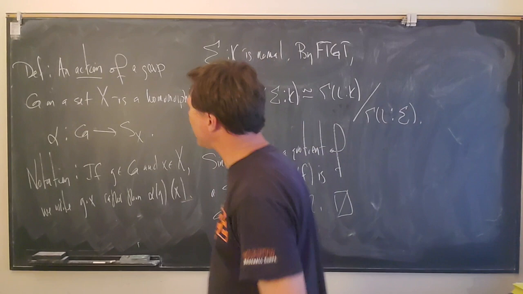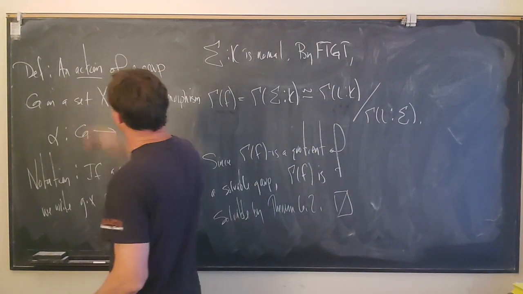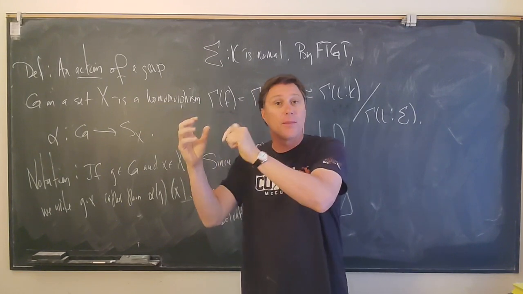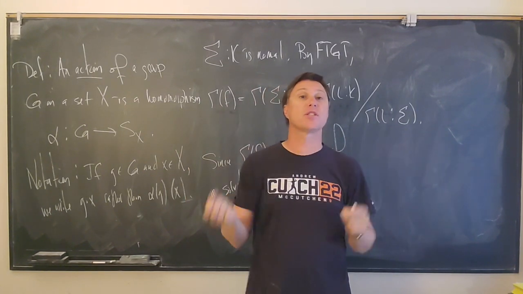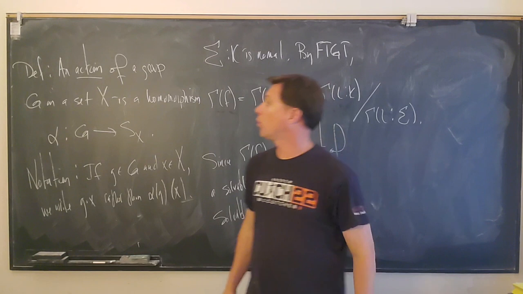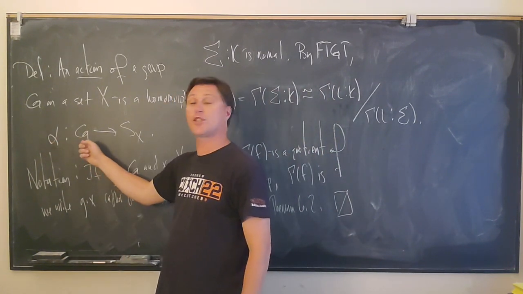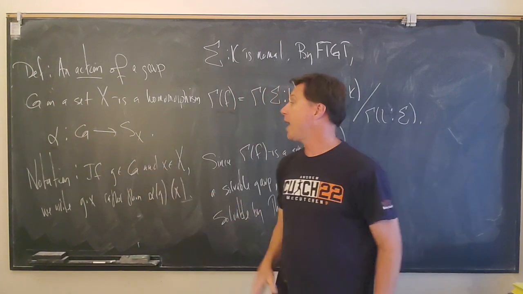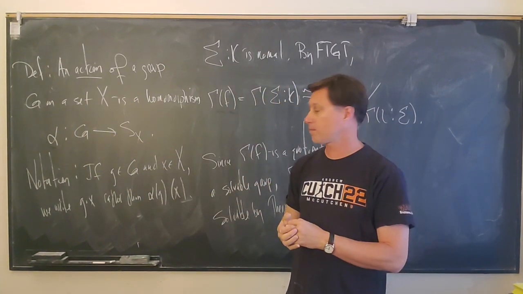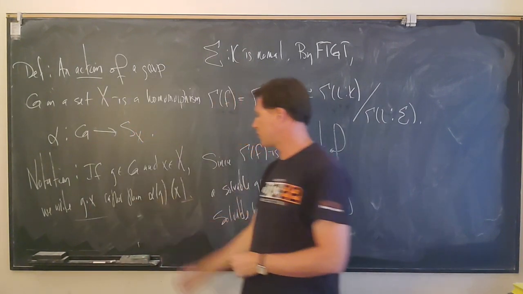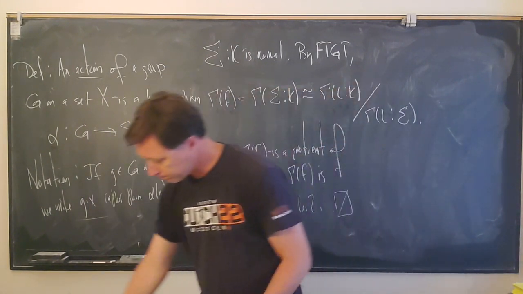So here's the idea. An action of a group is a way to have the group elements behave as permutations of the set. This homomorphism alpha associates to each element of the group a permutation of the set X. And what we write is g dot x rather than alpha of g applied to x.